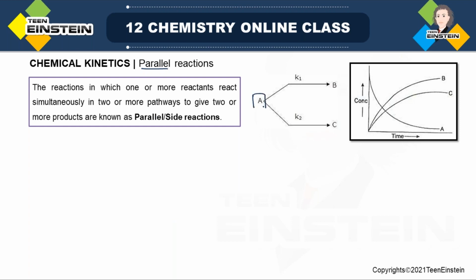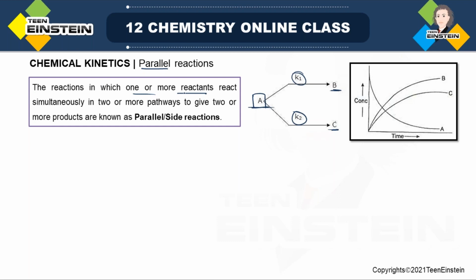Here we have starting material A. It is producing B with the rate constant K1, and simultaneously it is also producing C with the rate constant K2.